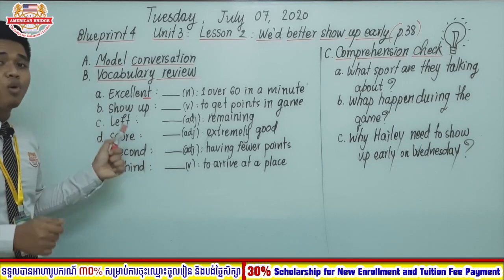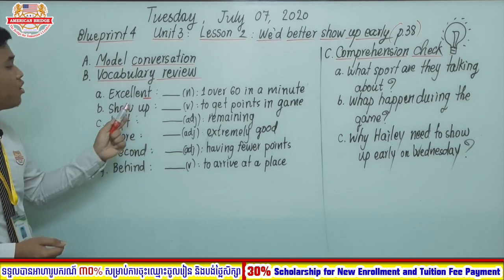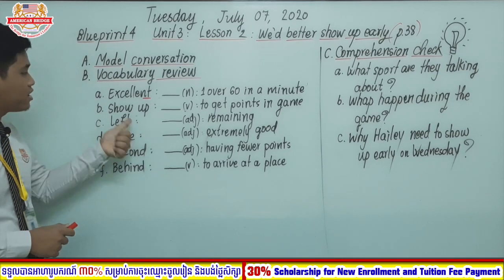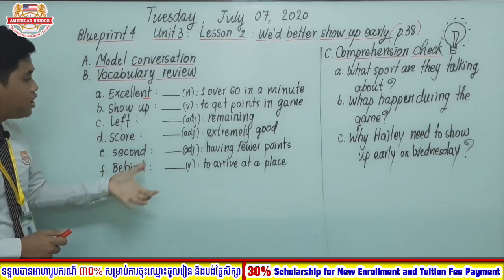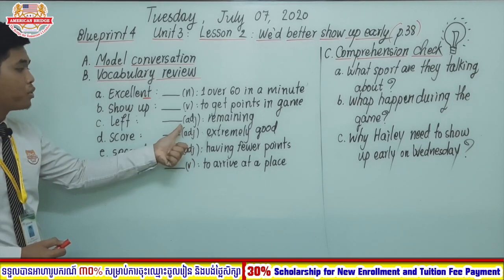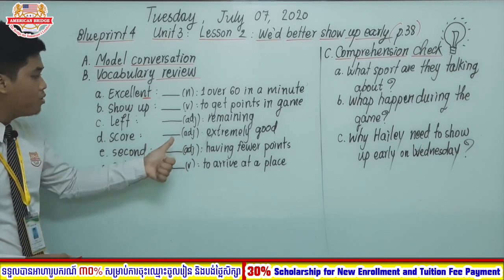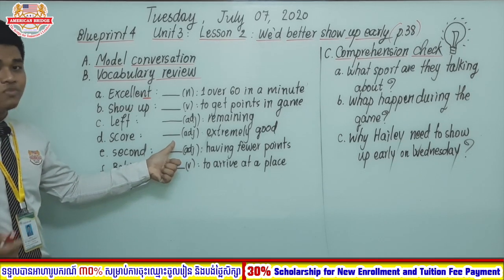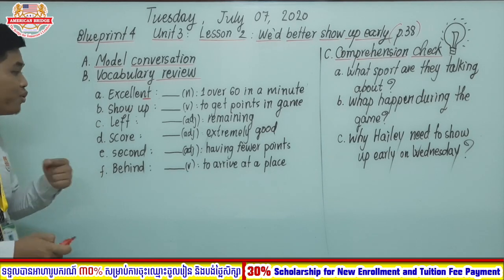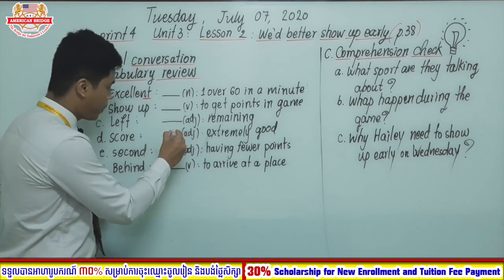Look at the word "important." It also ends with "nt," so it is an adjective. So the word "excellent" functions as an adjective. And look at the definitions. There are 3 adjectives here. The first one, "remaining," is it correct? No. "Extremely good." Yes, if you get excellent, it means you get 10 over 10, full score, very good.